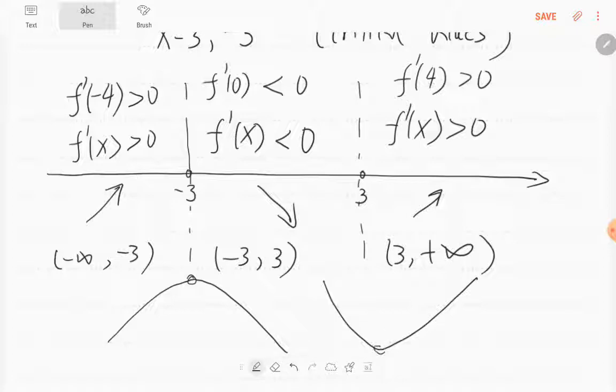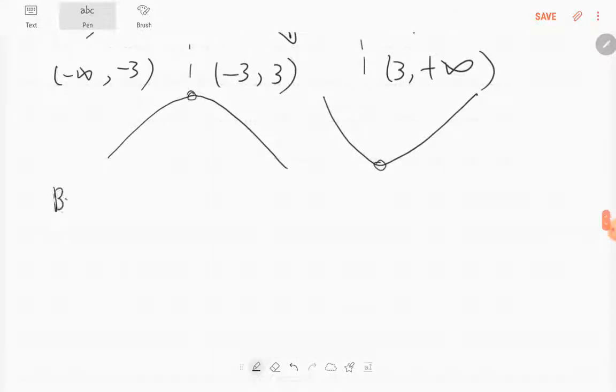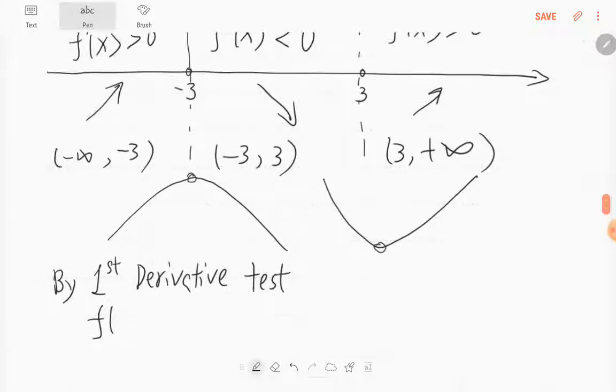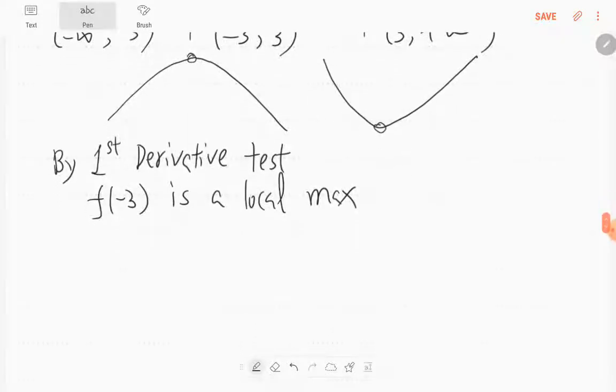And at 3 would be a local minimum. So we can see by the first derivative test, f of negative 3 is a local maximum, and f of 3 is a local minimum.